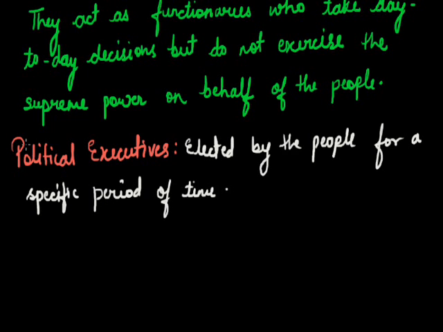On the other hand, we have the permanent executives, who are basically the civil servants who have been appointed to their post after a process of tests and interviews. They are supposed to carry a particular educational qualification to be appointed on their post.